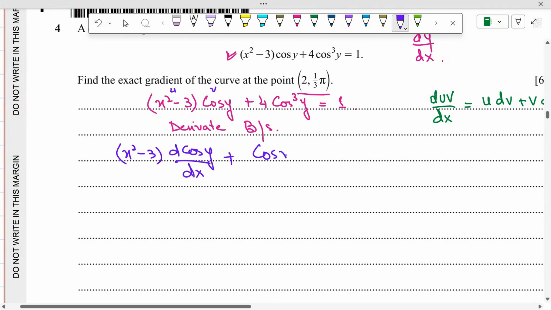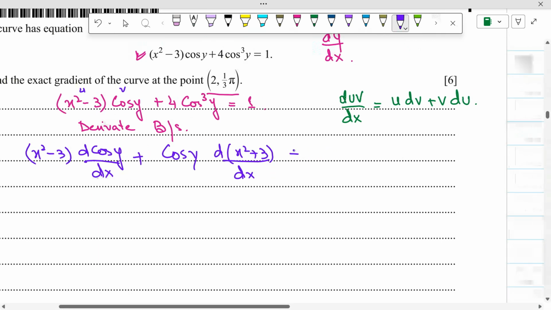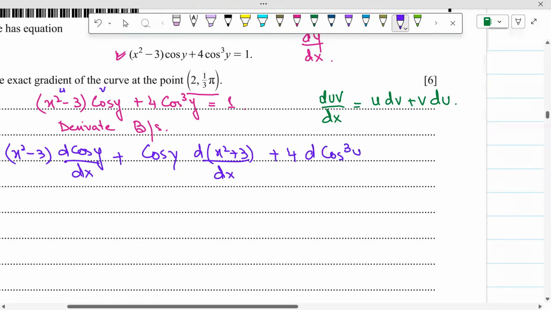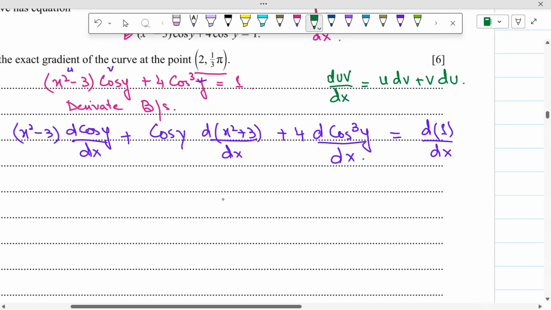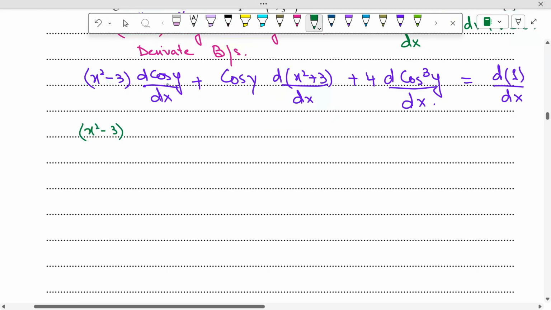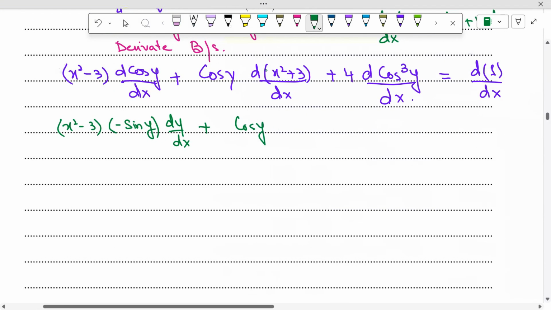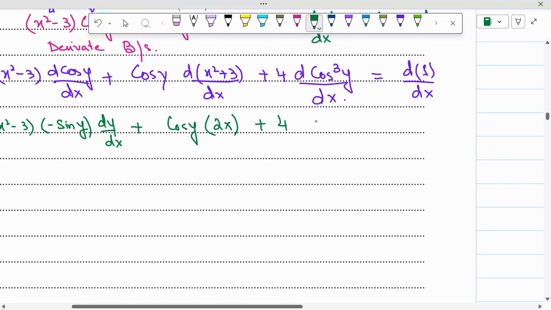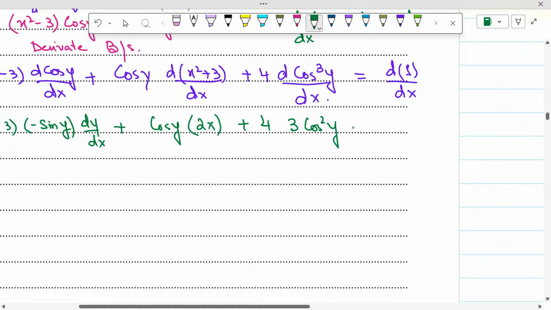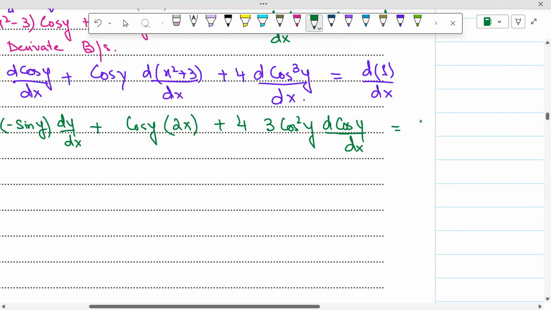Now cos y remains the same, and the derivative of u, which is the derivative of x² − 3 with respect to x, plus 4 times the derivative of cos³ y, equals the derivative of 1. Now x² − 3 times the derivative of cos y is negative sin y times dy/dx, plus cos y remains the same, the derivative of x² is 2x, and the derivative of a constant is 0, plus 4 times the derivative of cos³ y, which is 3 cos² y times the derivative of cos y. This is equal to the derivative of the constant 1, which is 0.